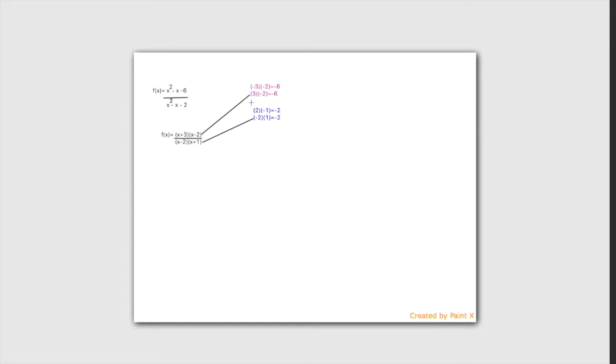So let's start. I have these two multiplications, and in both cases they give you -6. So let's make the addition to know which is the result that is going to be in the function.